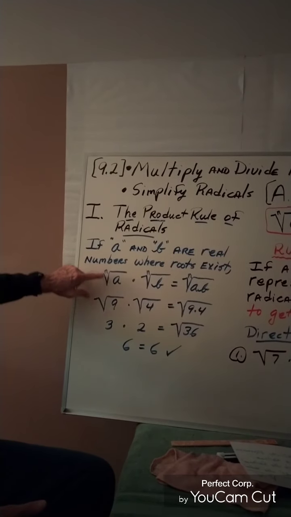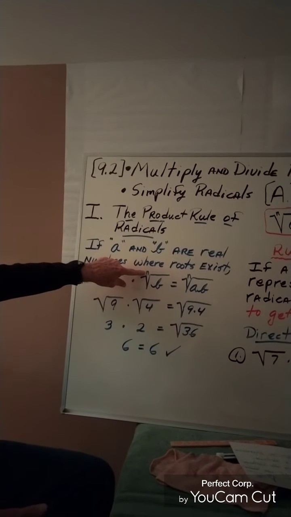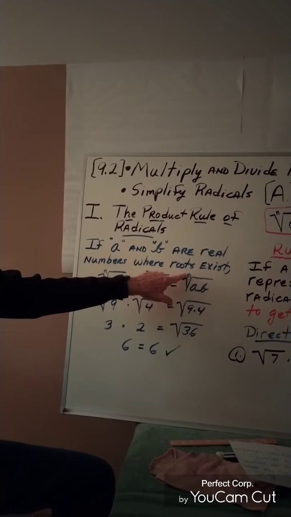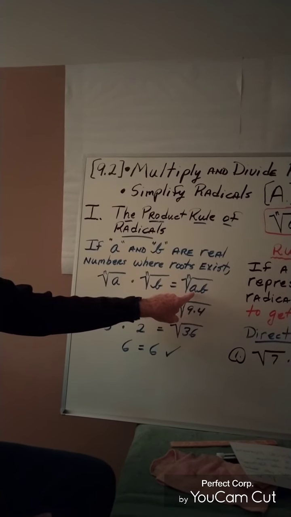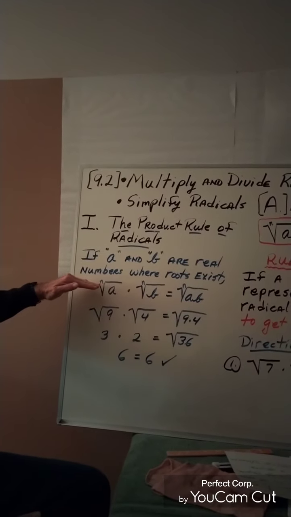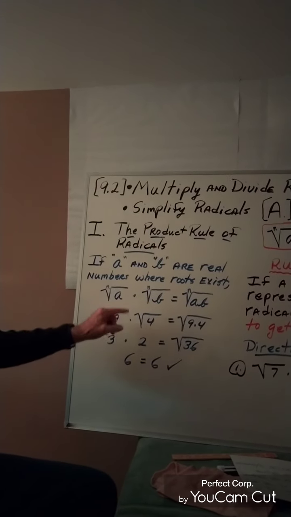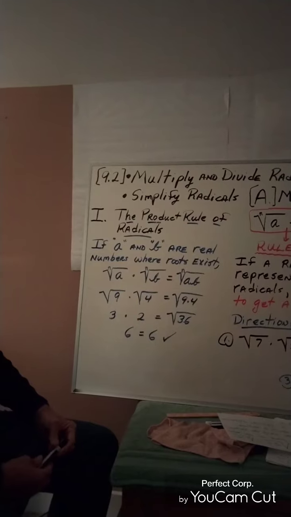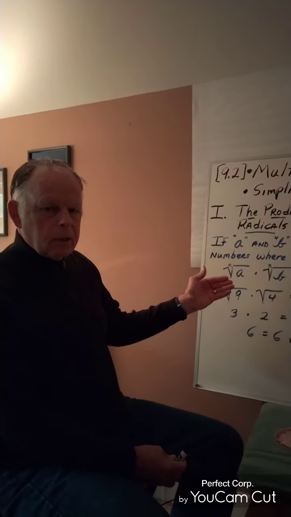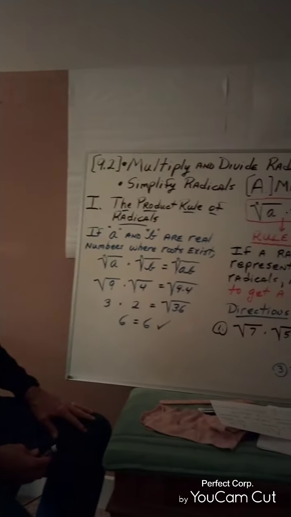The nth root of A multiplied by the nth root of B is equal to the nth root of A times B. Now, one thing on the surface that's going to be key to this product rule of radicals: we can only multiply radicals together if the indices, the plural of index, are the same.